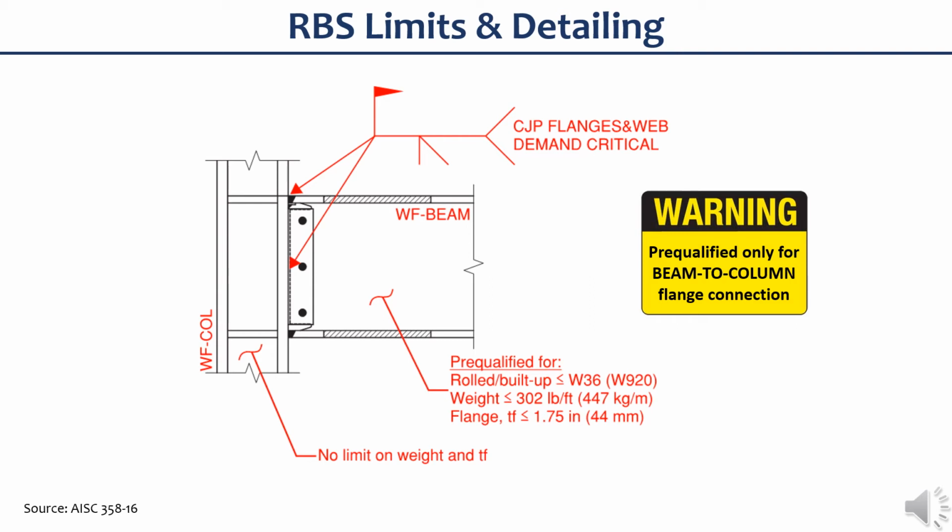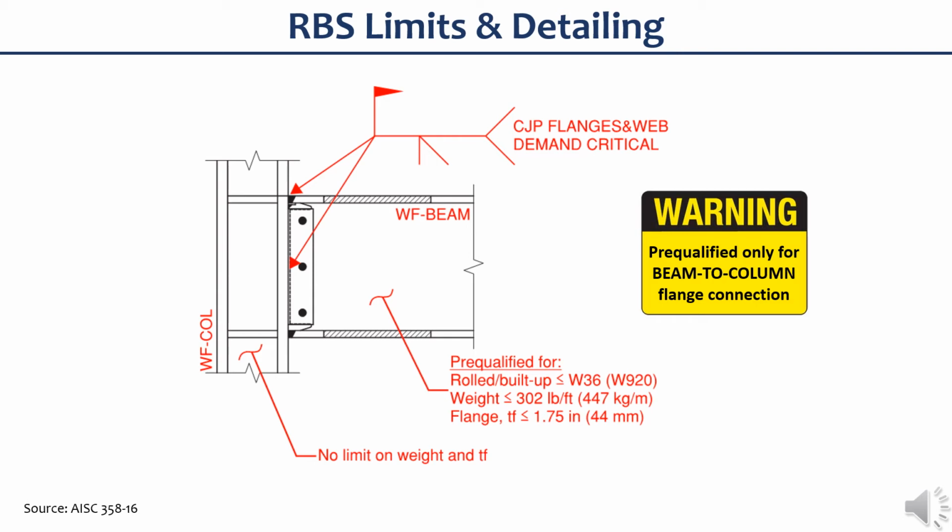The RBS connection is pre-qualified for WF members up to W36, or W920 in millimeters, with weight limited to a maximum of 302 pounds per foot. That's equivalent to 447 kilograms per meter, and a flange thickness of a maximum of 1¾ inch, or equivalent to 44 millimeters.